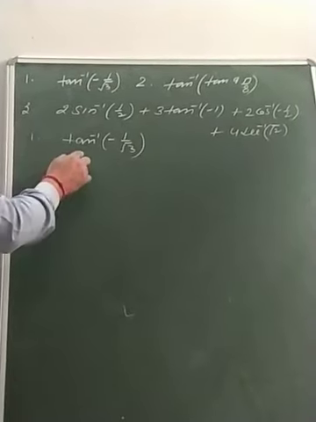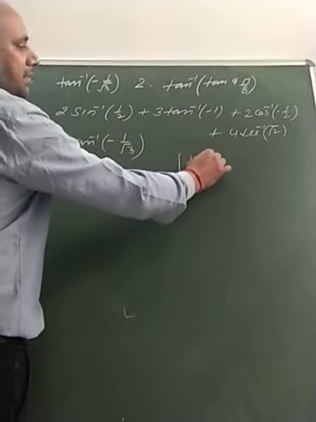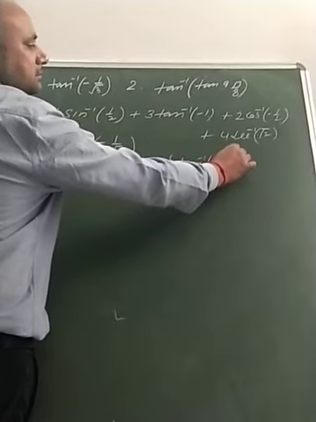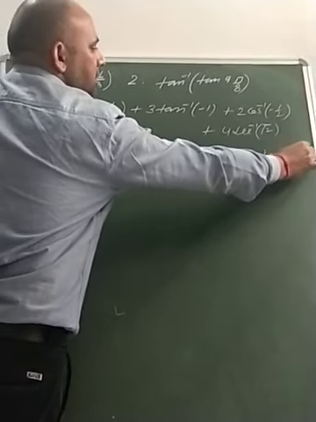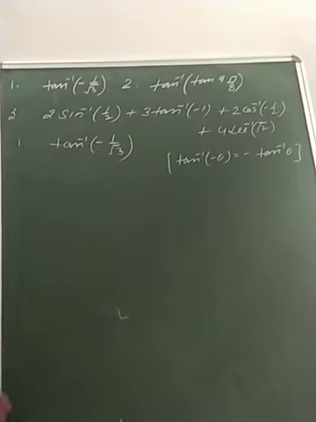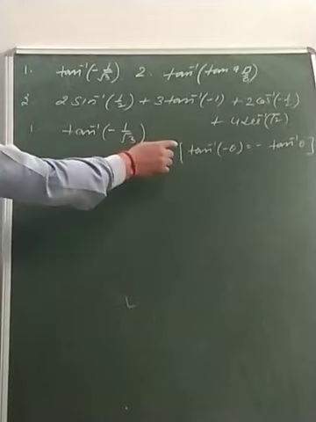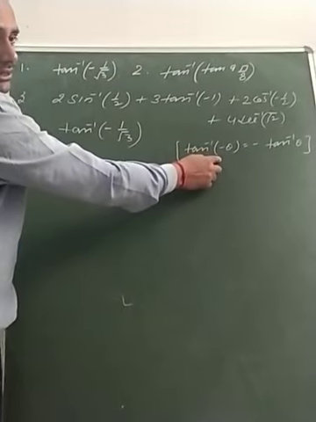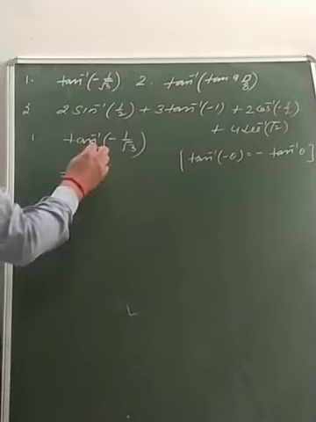First of all, we have done a property: tangent inverse of minus theta is minus tangent inverse theta. First we will solve it by using this property. We will write it as minus tan inverse theta.